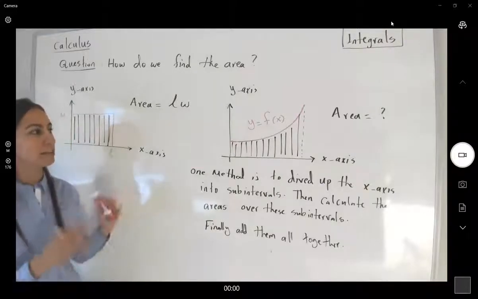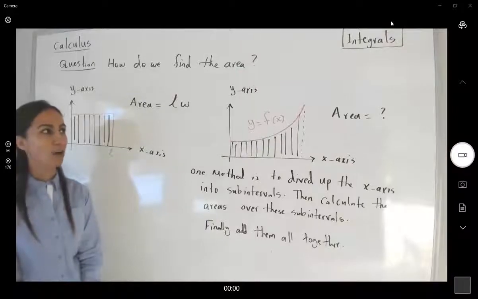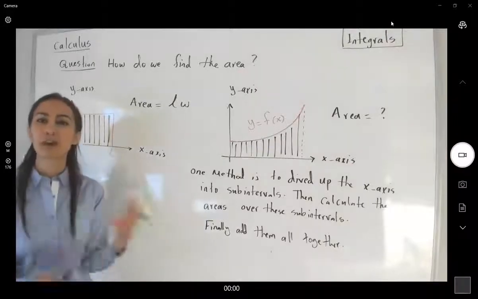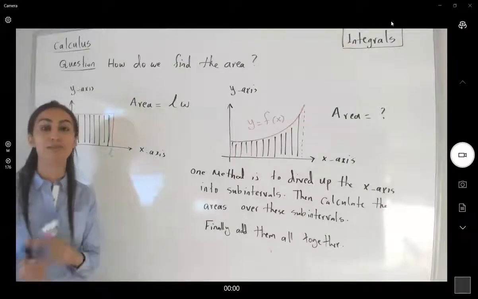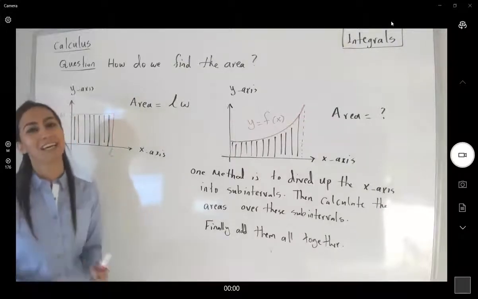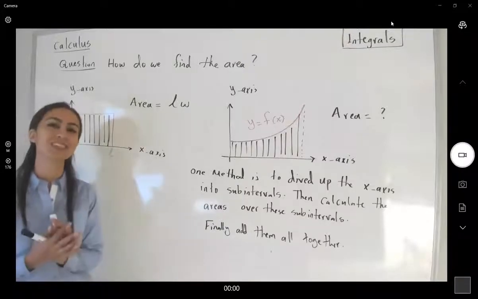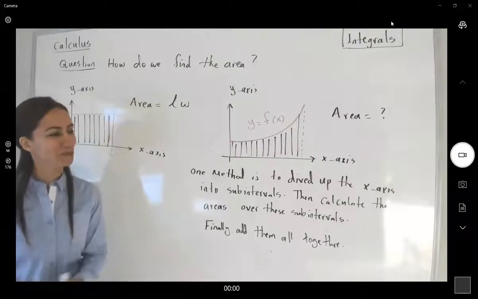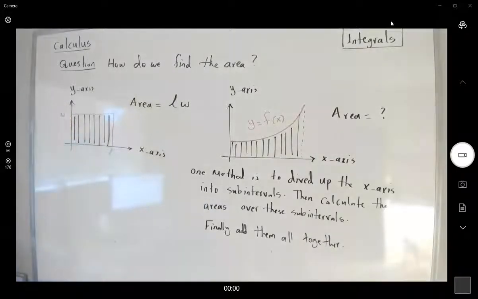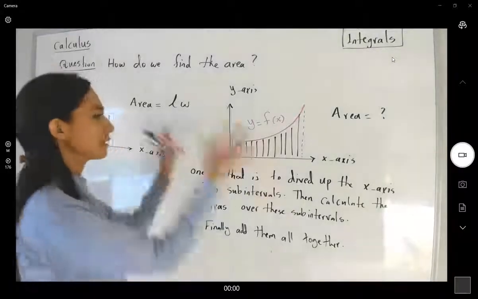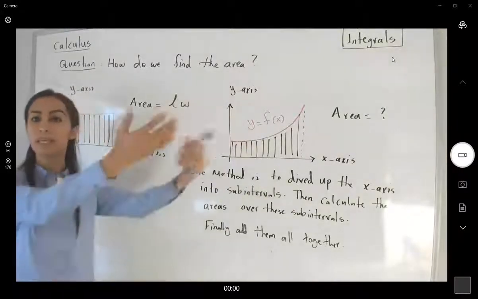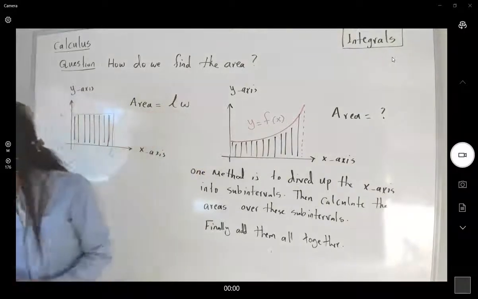Before defining the integral, we need some introduction, some background about Riemann sums, and then we're going to take the limit of the Riemann sum and introduce the integral. Well, let's go over one example, then we generalize the idea.